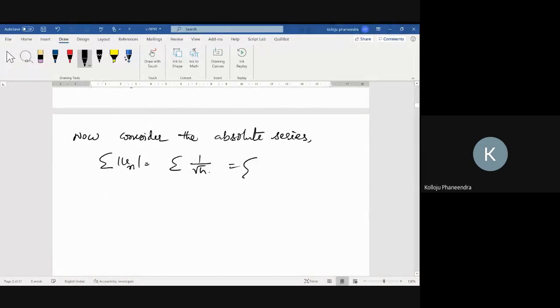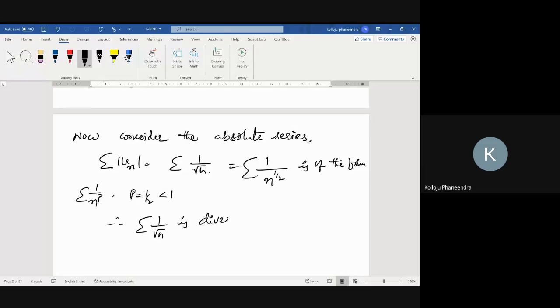Clearly, this is sigma 1 by n power 1 by 2, which is of the form sigma 1 by n power p. What is p? 1 by 2, right? Is less than 1. Therefore, sigma 1 by root n is what? A divergent series as per p series test.